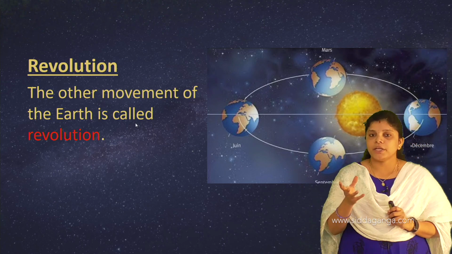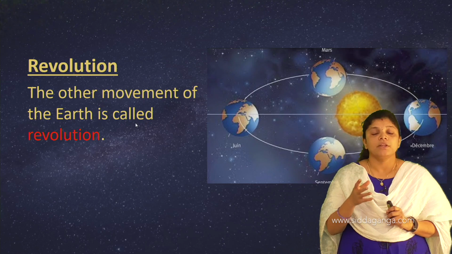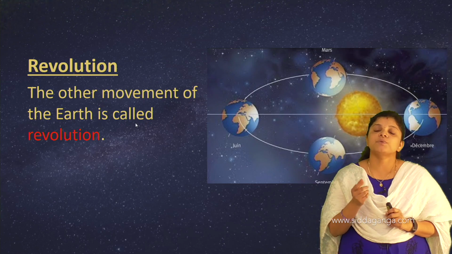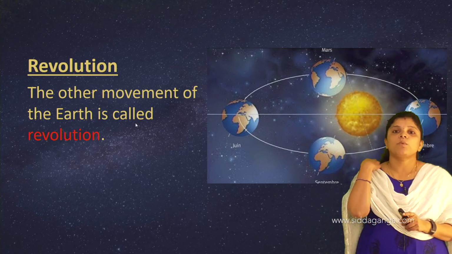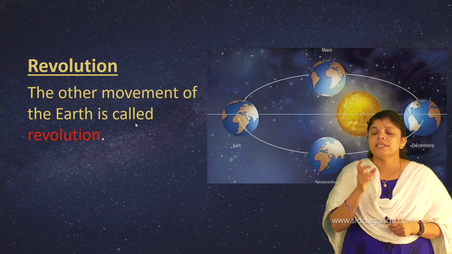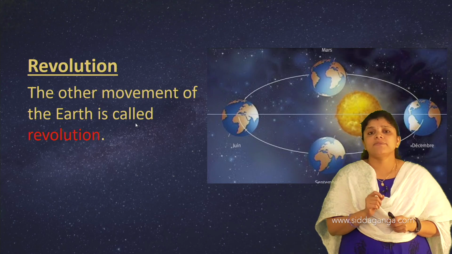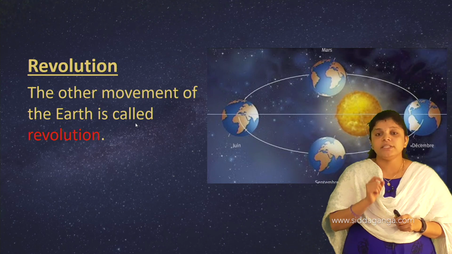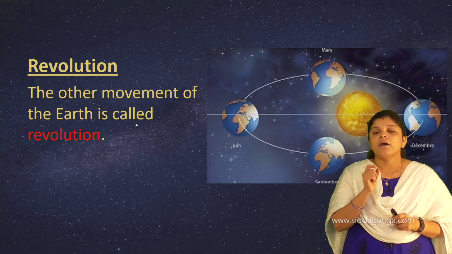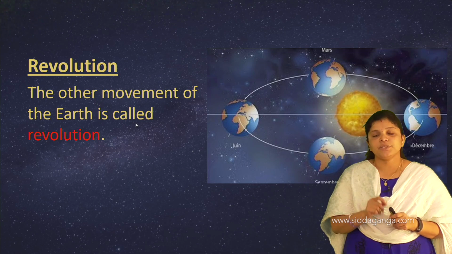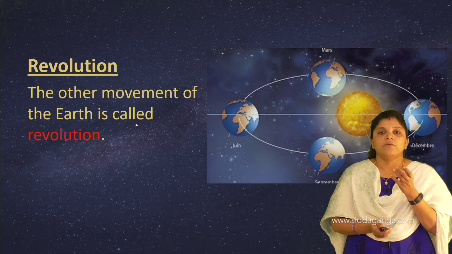See, when the revolution moves, the movement of the earth is continuous, what happens? The northern part gets what? It is turned away from the sun, so that's why it gets winter season. But at the same time, the southern pole is near the sun, so this part gets what?